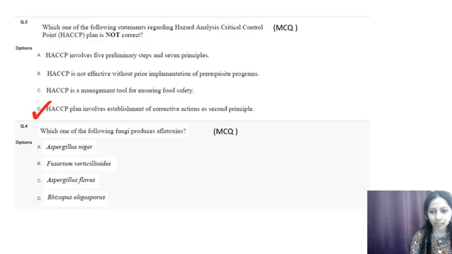Aspergillus flavus over here is the correct option, since it is a fungus which produces the aflatoxins. And Rhizopus oligosporus is not associated with the production of any potentially harmful metabolites.